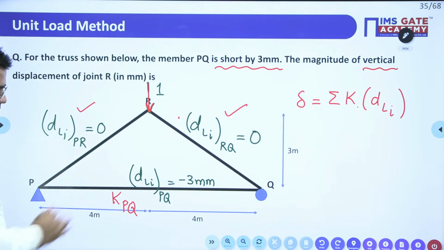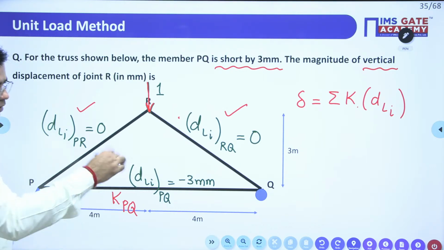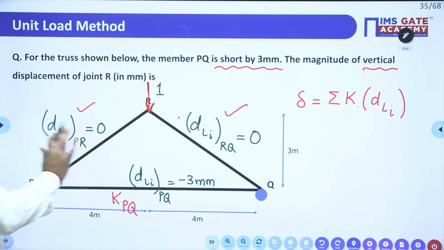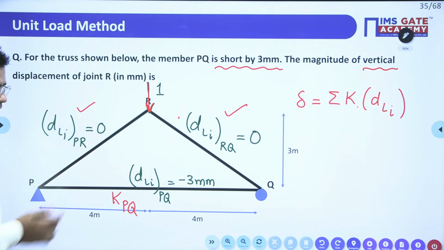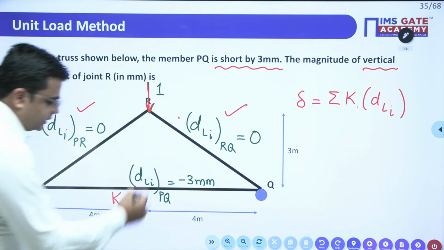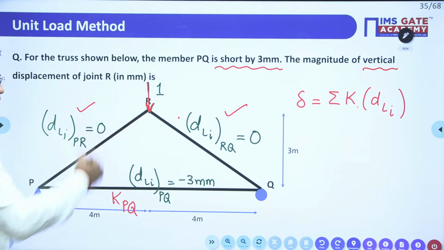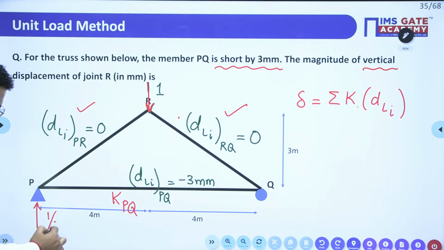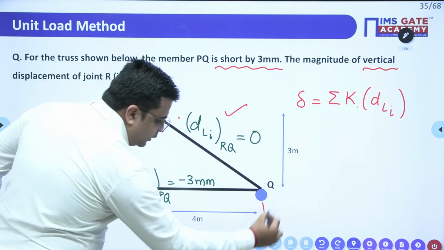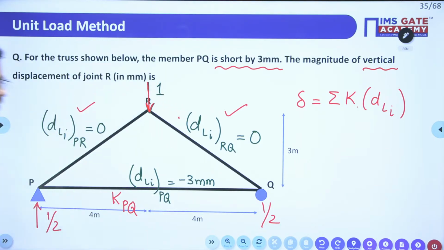Now understand how to easily calculate this and reduce our steps; this question can be done in just a fraction of a second. This is a symmetrical structure. The unit load is symmetrically divided into half and half on either support, right?